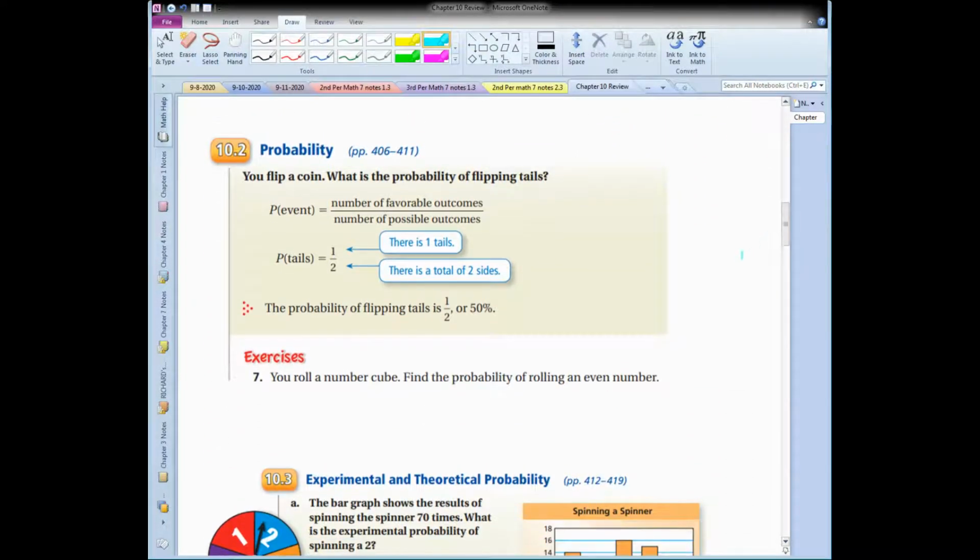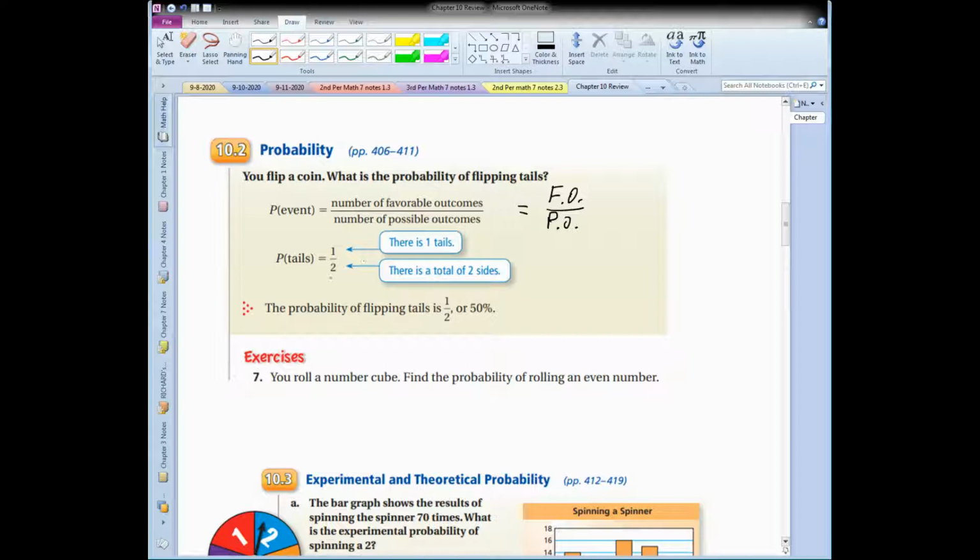Section 10.2 is on probability. Remember, the way I remember probability is the FO, the number of favorable outcomes, divided by the PO. The FO over the PO. In this example, you flip a coin. What's the probability of flipping tails?